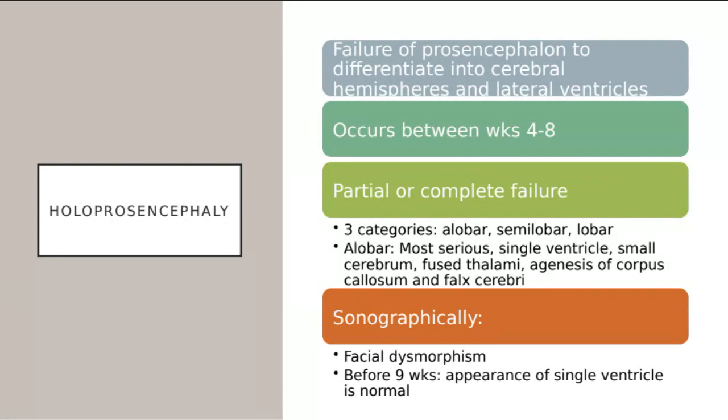Now, when we have the baby's very primitive head development, we have all of these different cephalons. That's kind of like the root word that they like to use. They have the mesencephalon, the prosencephalon, the rhombencephalon.